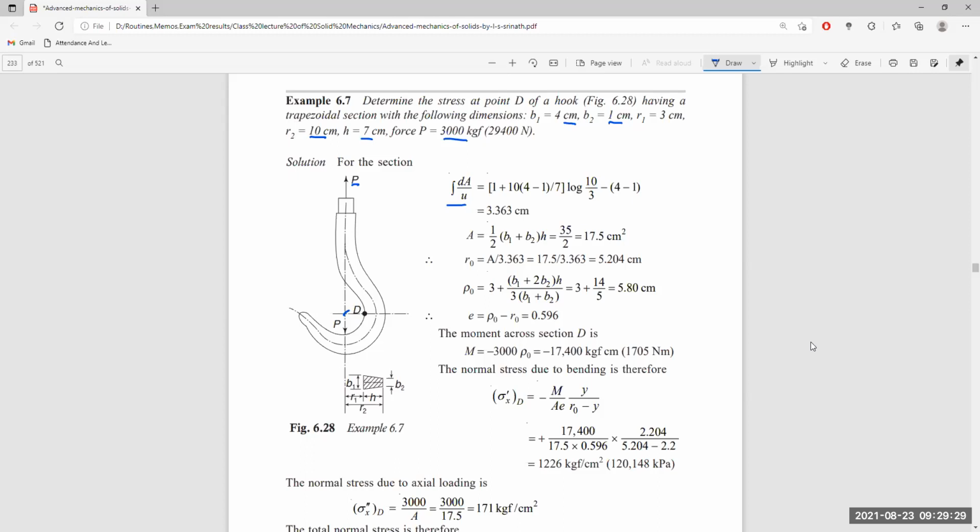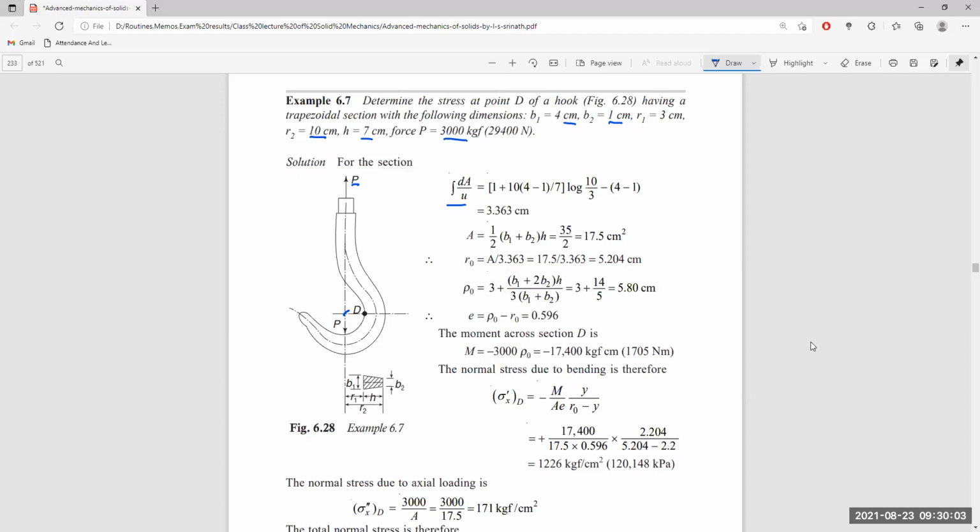B1 minus B2 is 4 minus 1, divided by 7, the height H, multiplied by log of R2 by R1. R2 is the radius of curvature measured from the center of curvature, equal to 10 centimeter, and R1 is the radius of curvature of the bigger side B1.